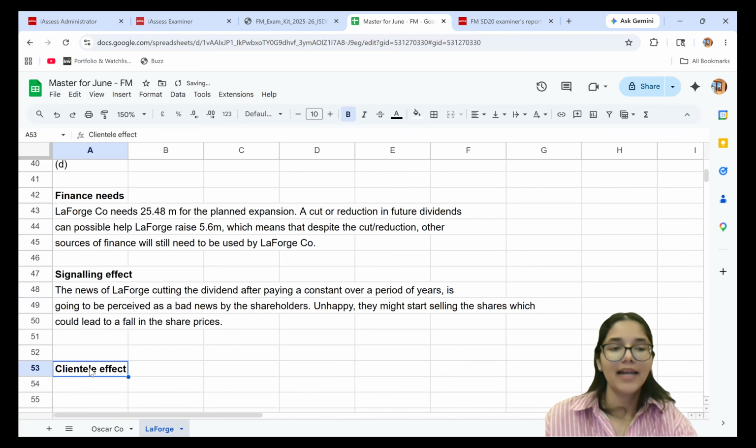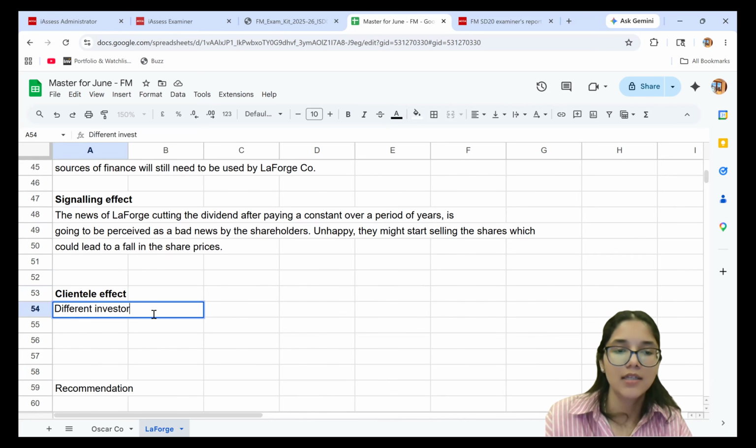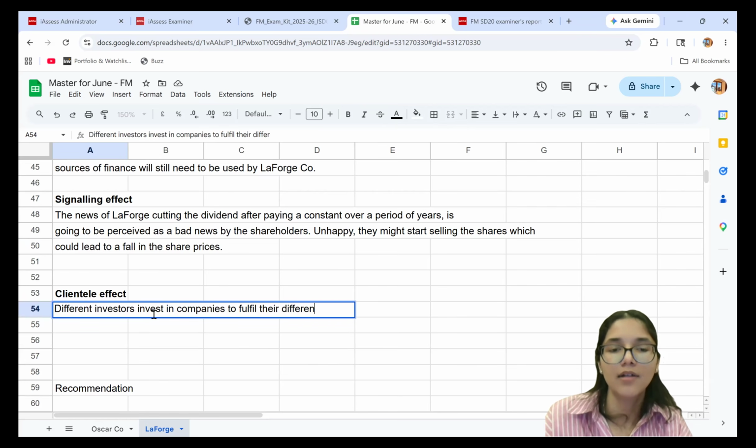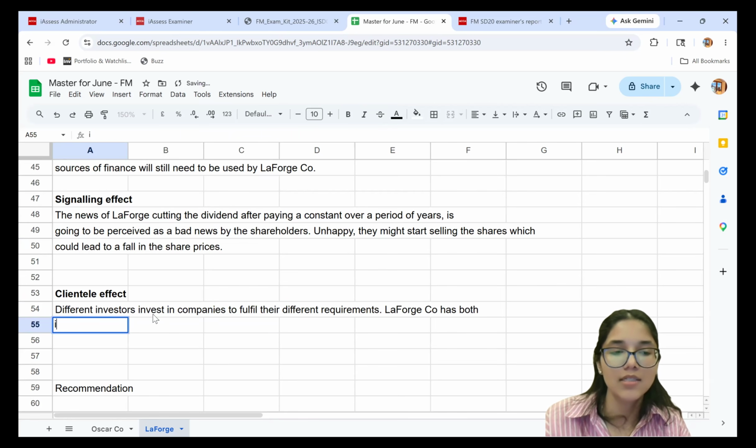Further, I could talk about the clientele effect. So I will say over here, different investors invest in companies to fulfill their different requirements. Laforge company has both individuals as well as financial, or you can say institutional investors.